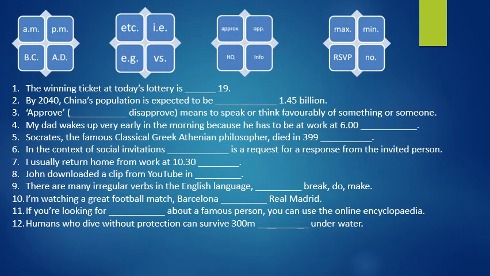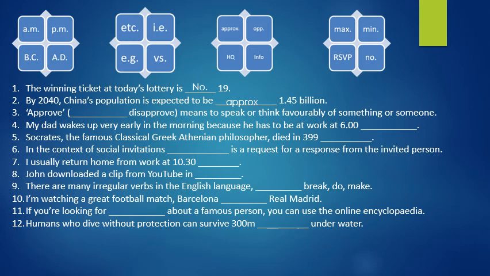Okay, let's see if we can fill in the last few things. The winning ticket at today's lottery is number 19. By 2040, China's population is expected to be approximately 1.45 billion.